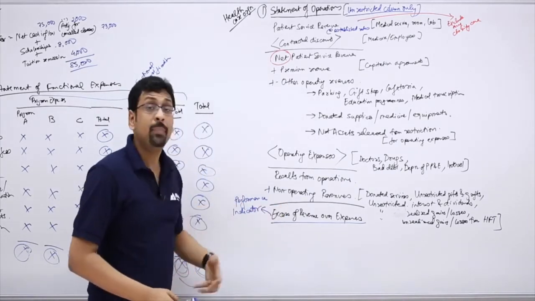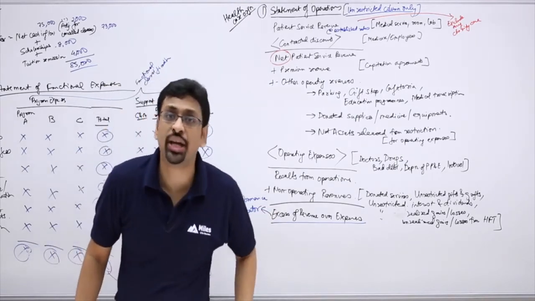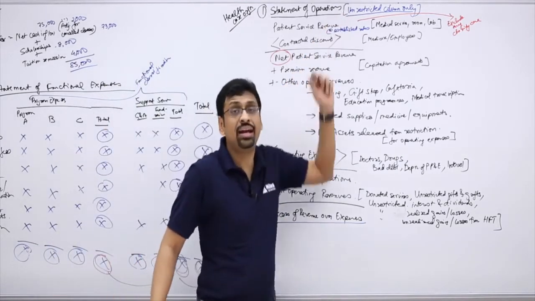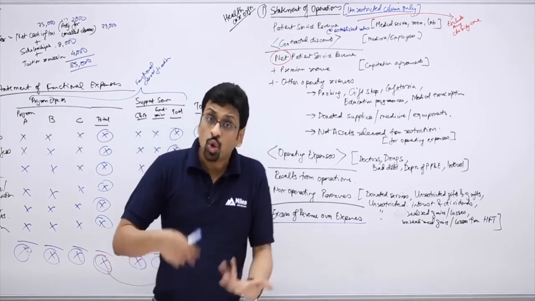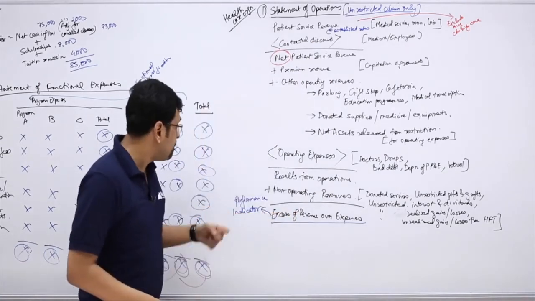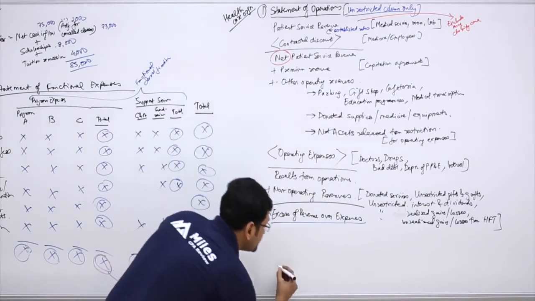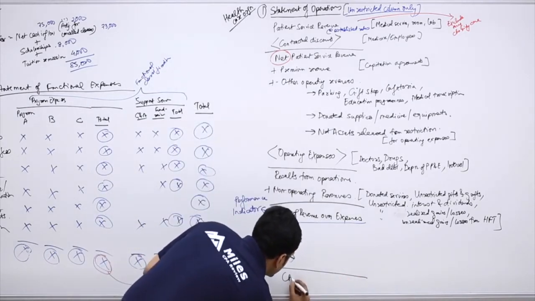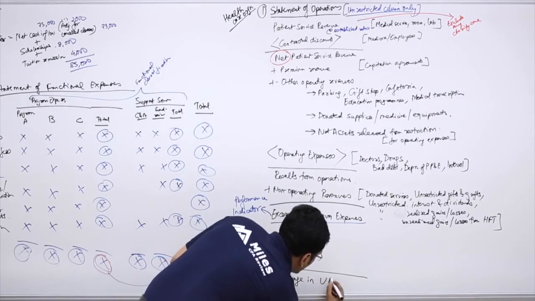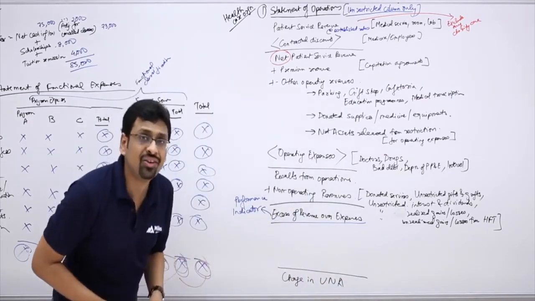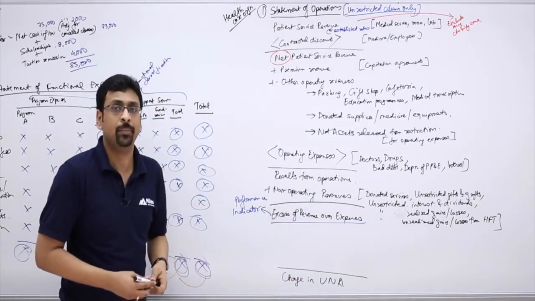Now, this line may not be the same as the change in unrestricted net assets during the period. So even after this line for the performance indicator, you might have a few other lines before you get to the change in UNA, or the change in unrestricted net assets for the period.